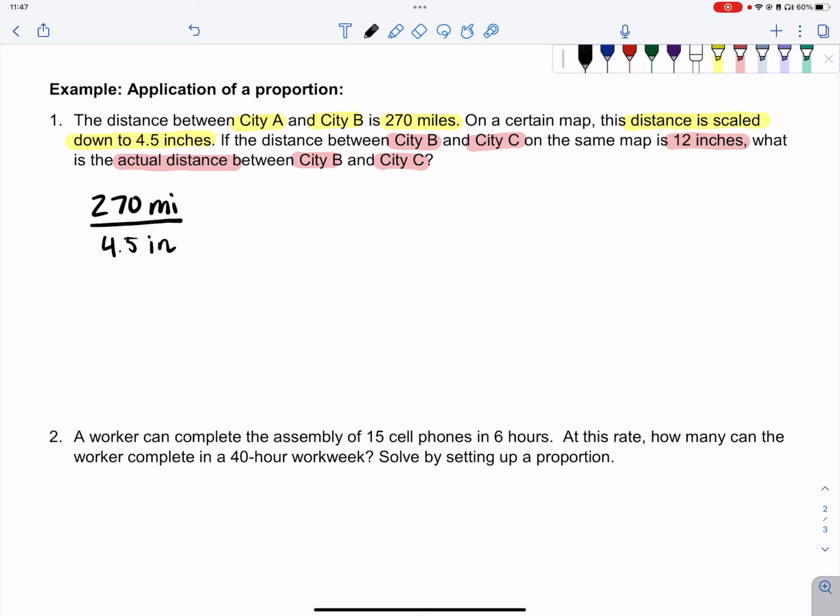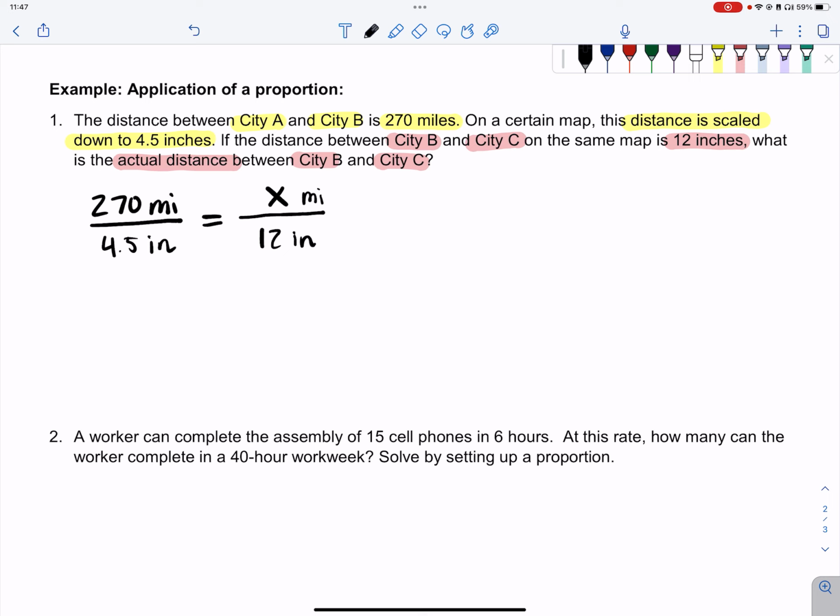That means we want to set our rate that we have been given equal to another rate, where now we don't know the actual distance, so I am going to give that the letter x on top for our x number of miles, and then I want to divide this by the map distance between city B and city C, which we are told is 12 inches.